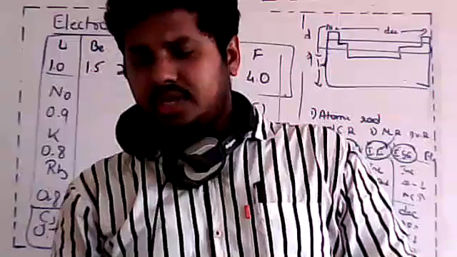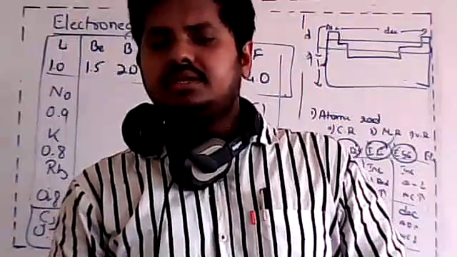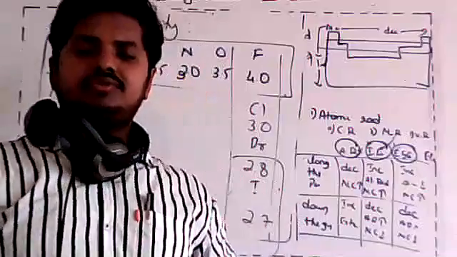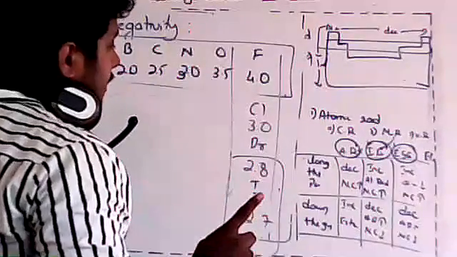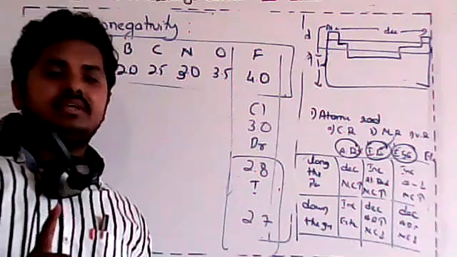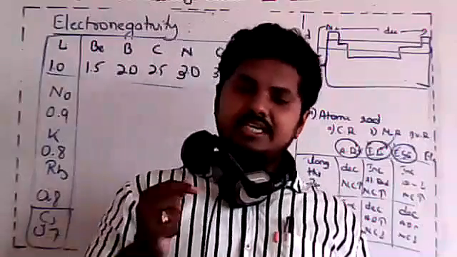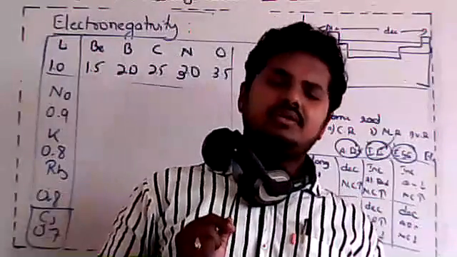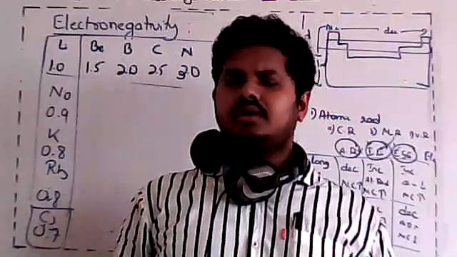Dear students, it is not because of only the effective nuclear charge; there is one effect called the shielding effect or screening effect. I will explain that during the competitive course. Now it is not required.